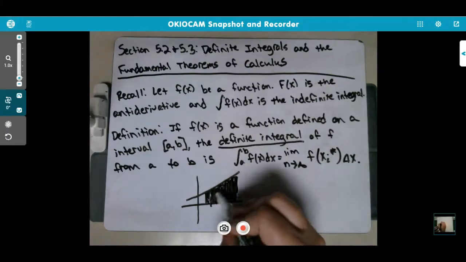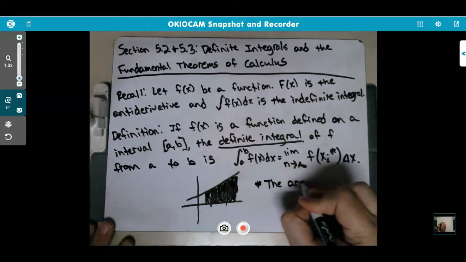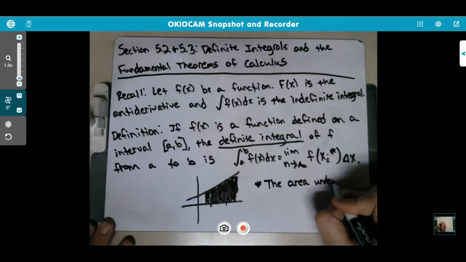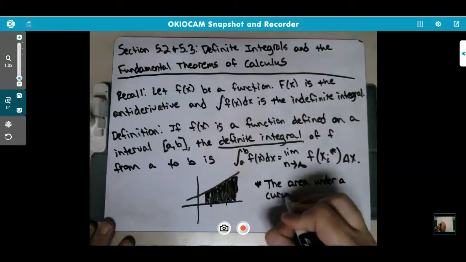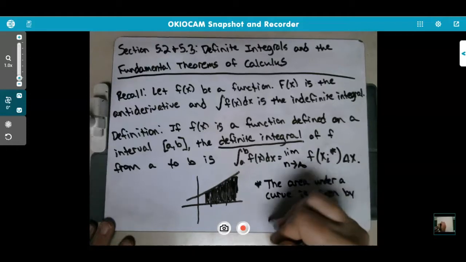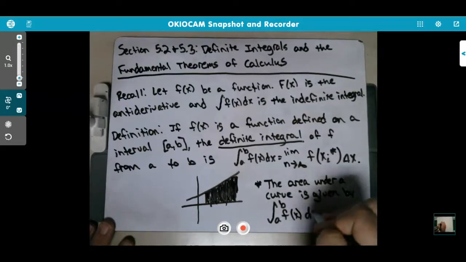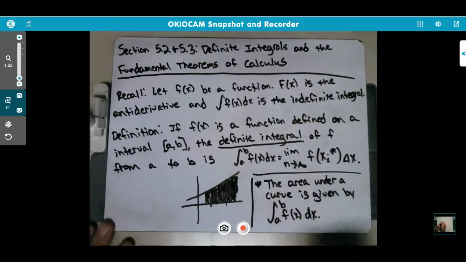First things first, as we can see right here from what happens there, the area under a curve is given by the integral from a to b of f of x dx. This is a big point we are going to use a lot throughout Calculus 1, 2, and on.